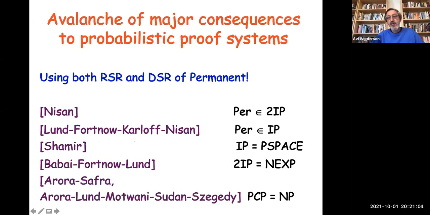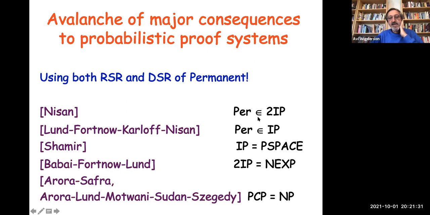And because I'm talking about permanent and determinant, I want to say that it's absolutely critical that the permanent was understood. The downward self-reducibility and random self-reducibility of the permanent, these properties exist. There was an avalanche of results. Understanding of proof systems evolved in a span of a few months, really.